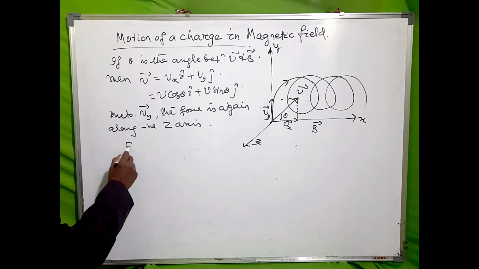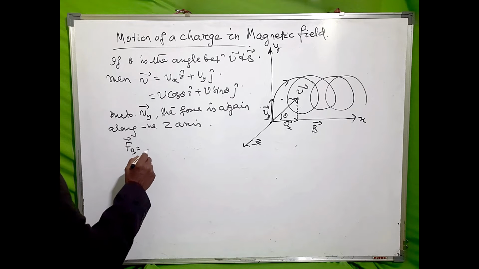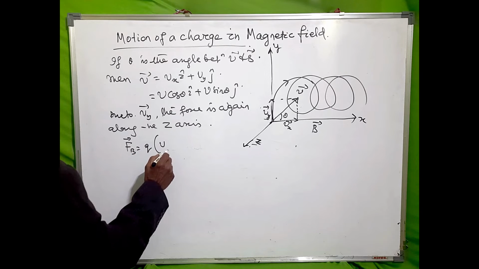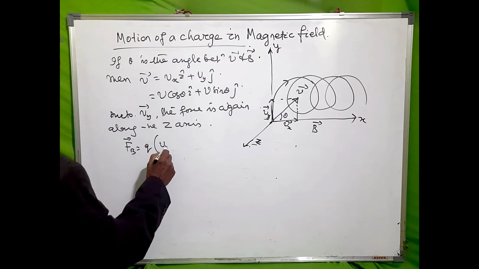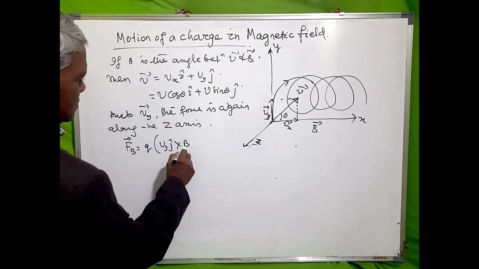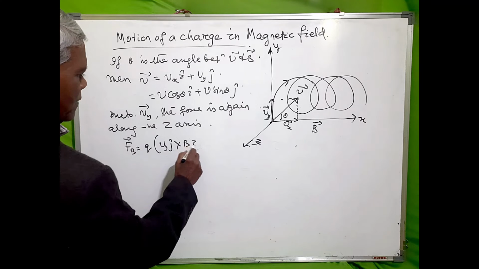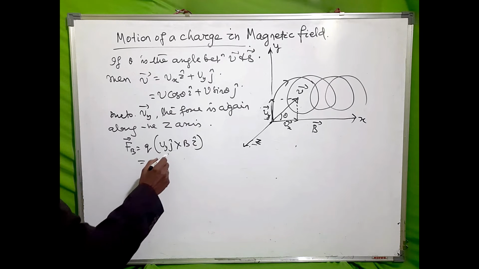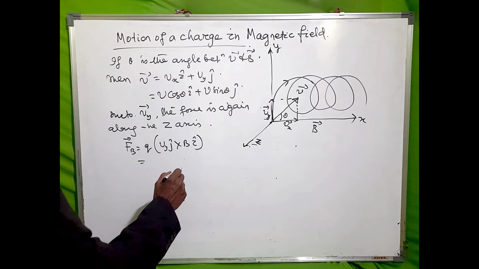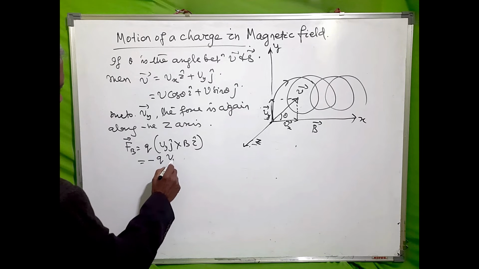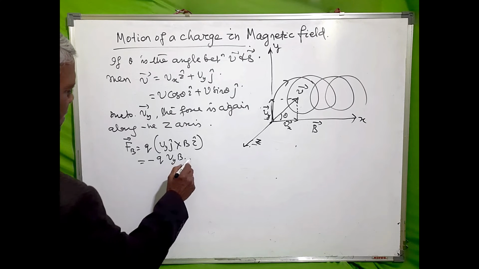That is F_B is equal to q Vy j cap cross B i cap. This is j cross i is minus k, that is minus q Vy B k cap.